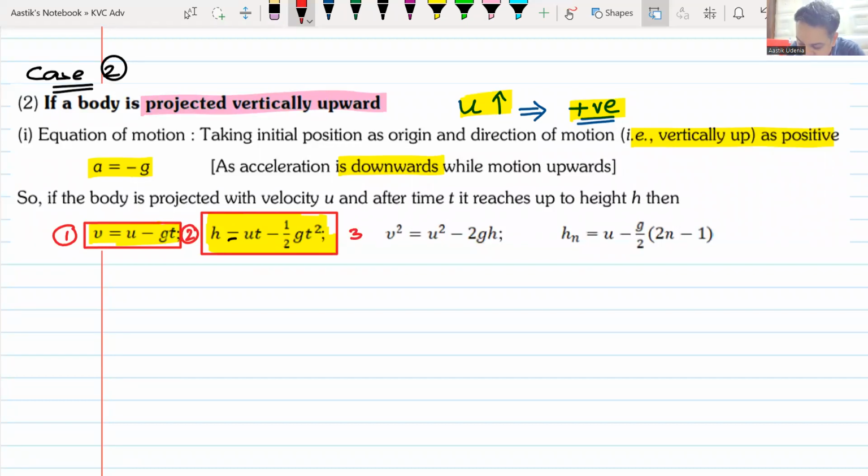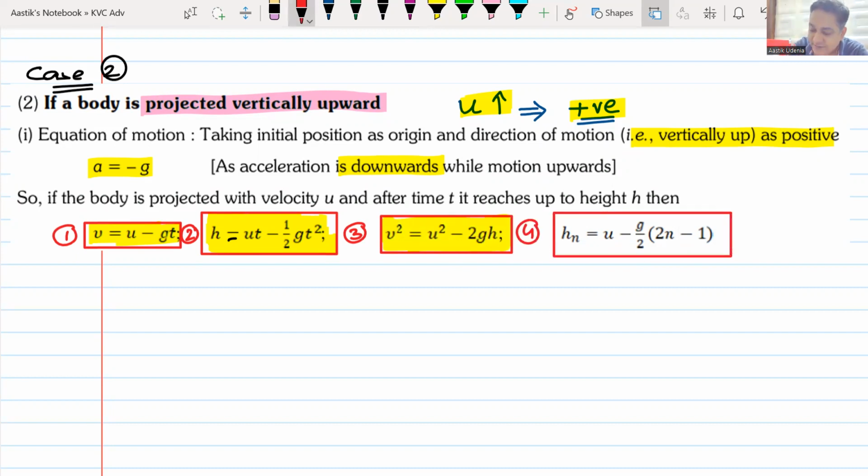Equation number 3, my dear friends. V square is equal to u square plus 2as, 2a delta r. Displacement is positive, but g is negative. So the equation will look like this. Yes or no? Then equation number 4, which is displacement in the nth second. U is positive, g is negative.